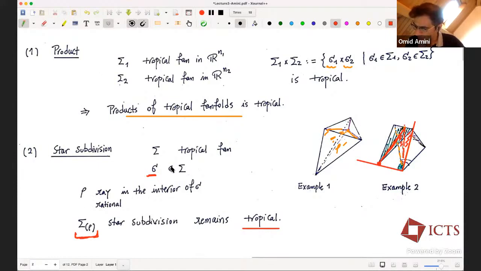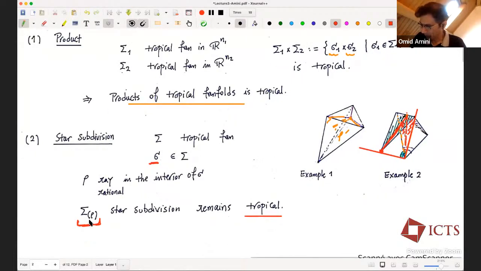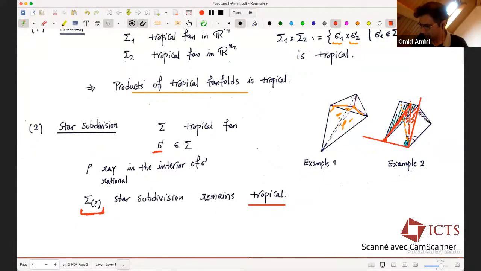If you choose rho, then sigma is already clear because there's a unique cone in the fan which contains rho in its interior. So there's no ambiguity in this notation. These are the first two basic operations.